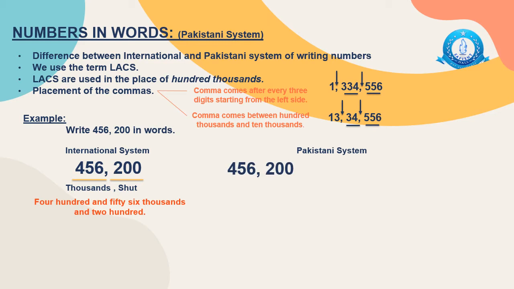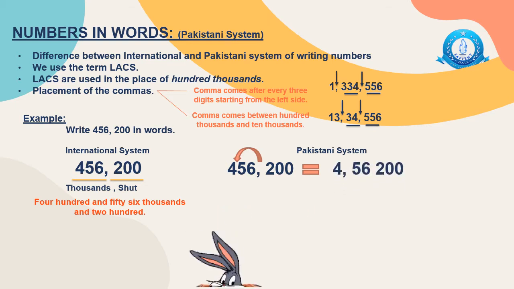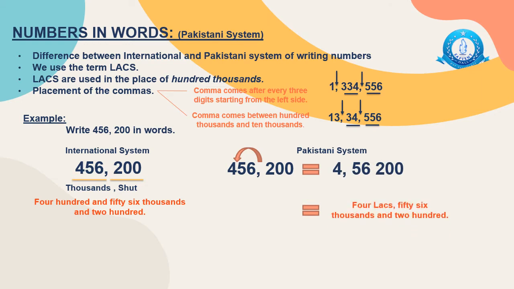For Pakistani system, we will first adjust the comma. Pick up the comma and place it between the 100,000s and the 10,000s. Once that is done, now we will rewrite the number. The number before the comma is the lakhs and the rest remains same. So for Pakistani system, our answer is 4,56,200.